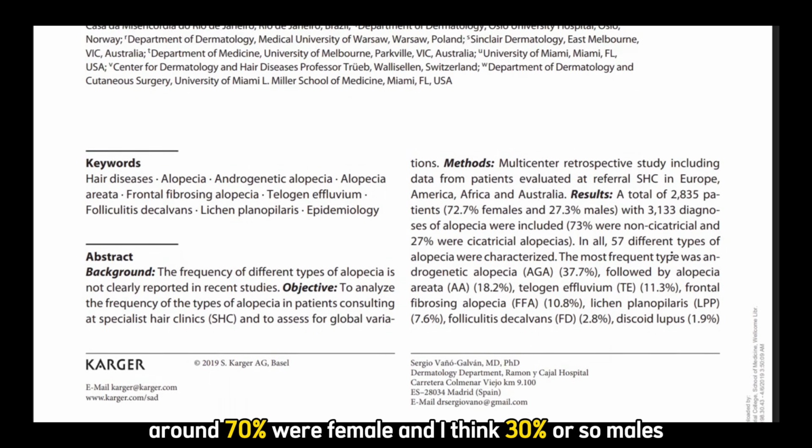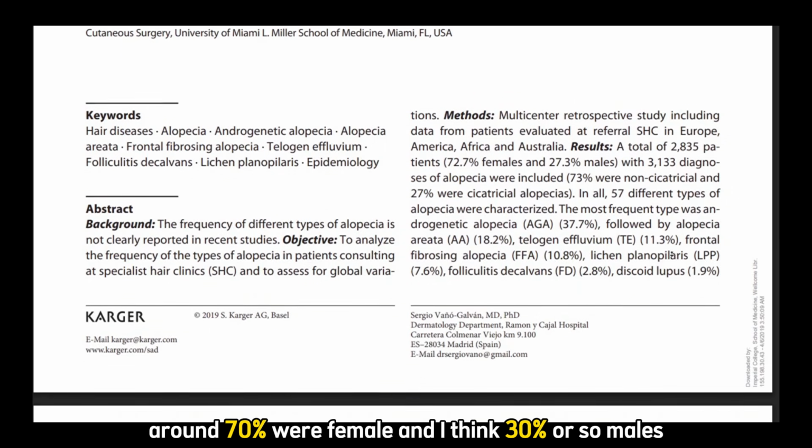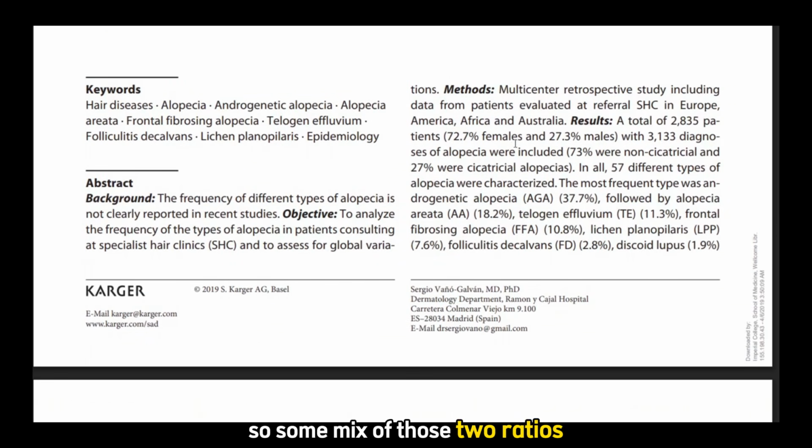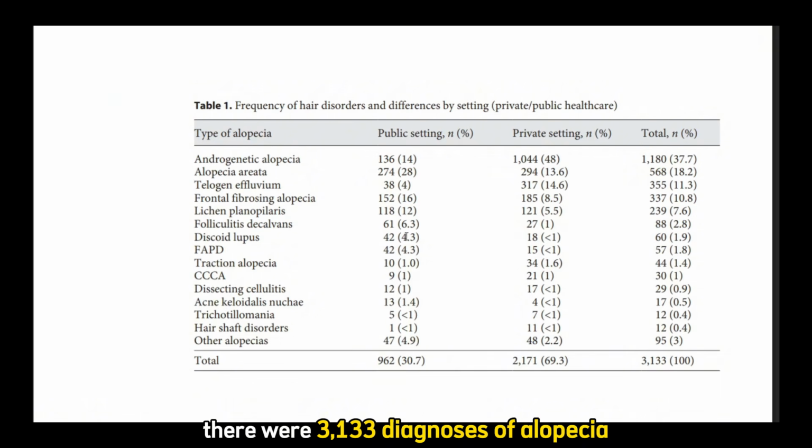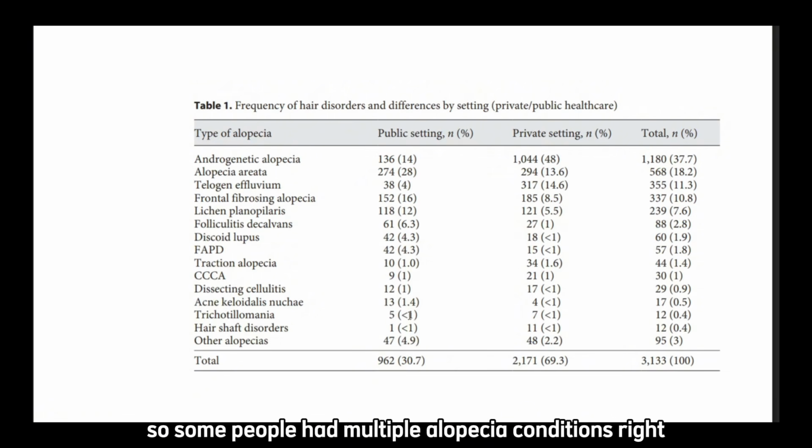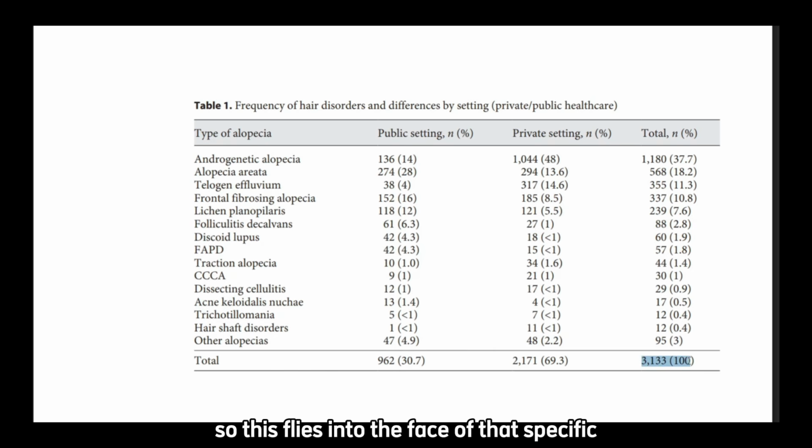Around 70% were female and I think 30% or so males, some mix of those two ratios. But with only 2,835 patients, there were 3,133 diagnoses of alopecia. So some people had multiple alopecia conditions, right? So this flies in the face of that specific study done by Joshi et al.